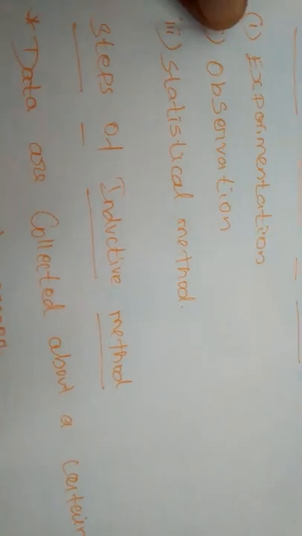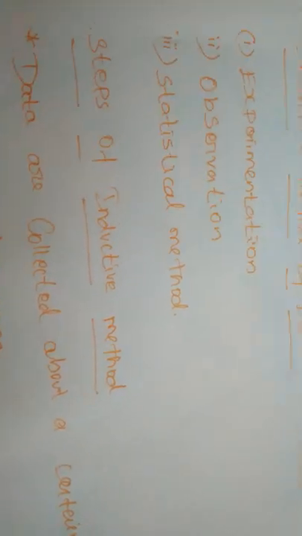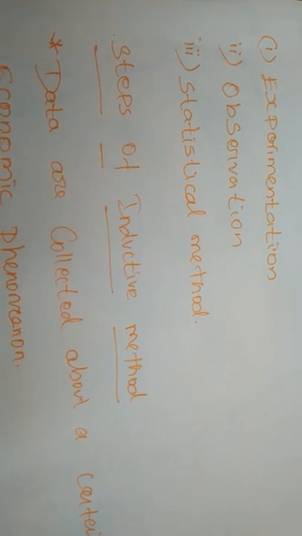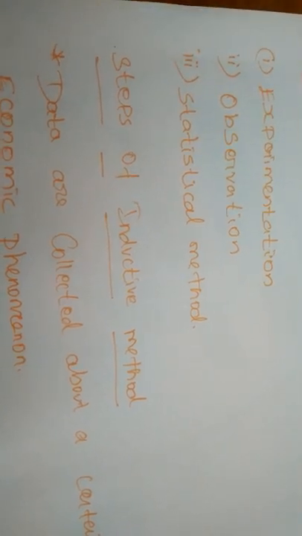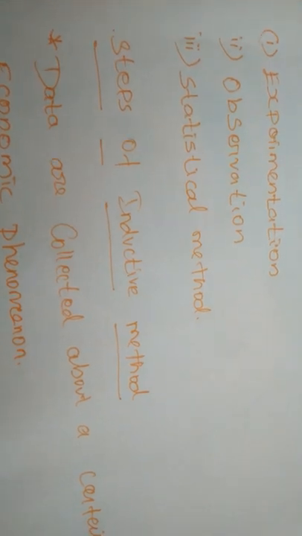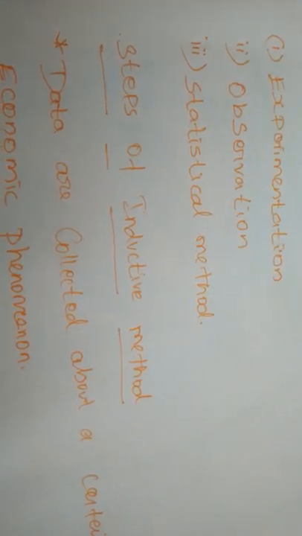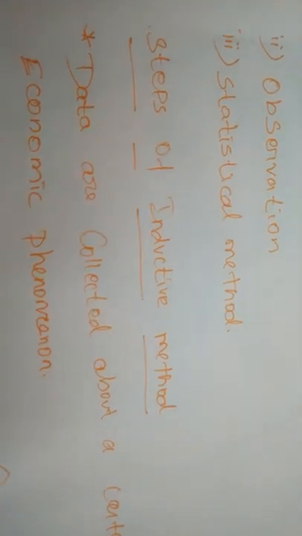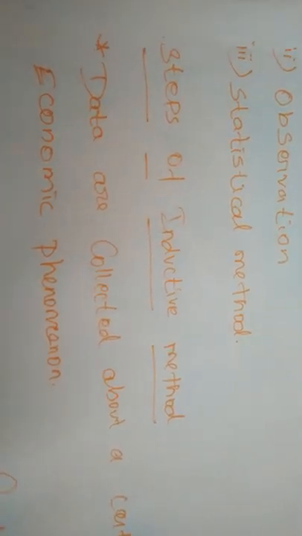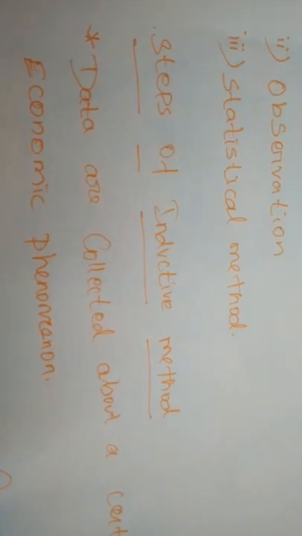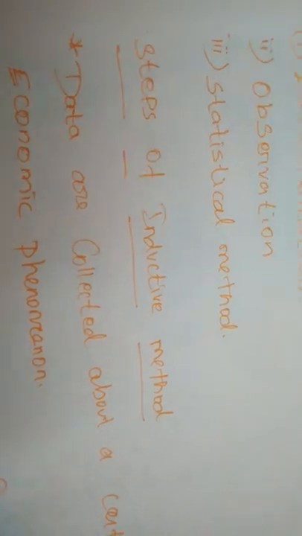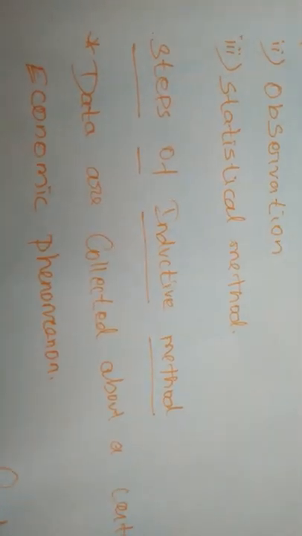By experimentation we can clarify economic problems. By observing day-to-day economic activities and human activities, we can come to conclusions about the problems. Next, the statistical method, for calculating populations. Next, the steps of the inductive method.